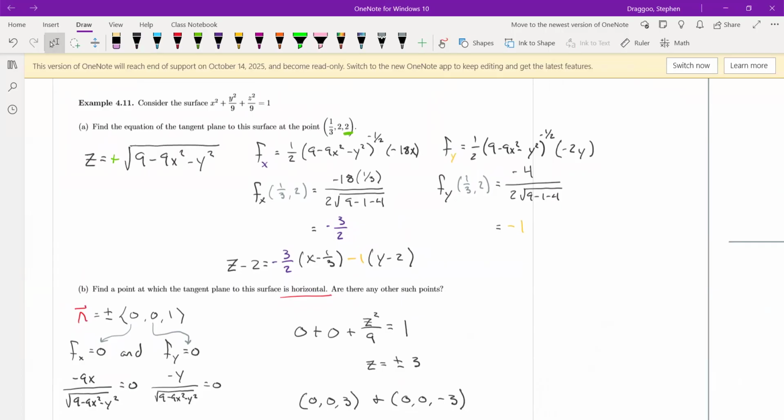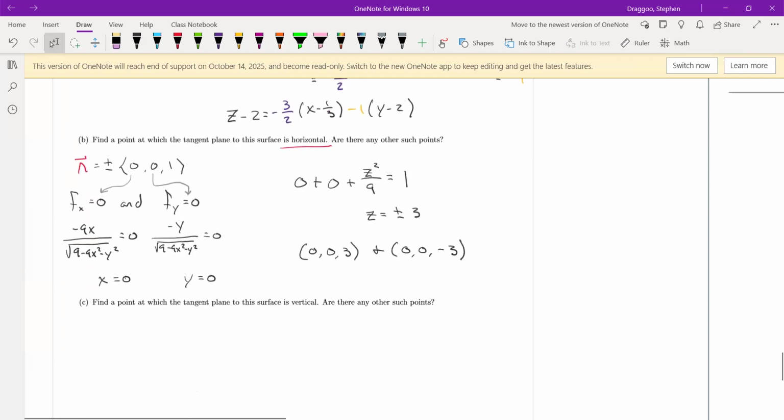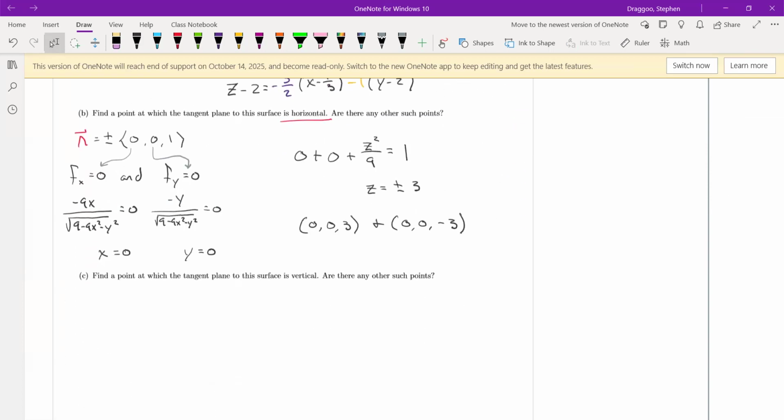If I have a sphere and I'm looking for where that thing should have horizontal tangent planes, it's relatively straightforward to say that those should be at the top of the sphere and the bottom of the sphere. I'll have two horizontal tangent planes at the top and the bottom, which are the two points I ended up finding. 0, 0, 3 is at the top, 0, 0, negative 3 is at the bottom. And if I were looking for vertical tangent planes, I would look along the rim of the circle, so stuff that's in the XY plane.